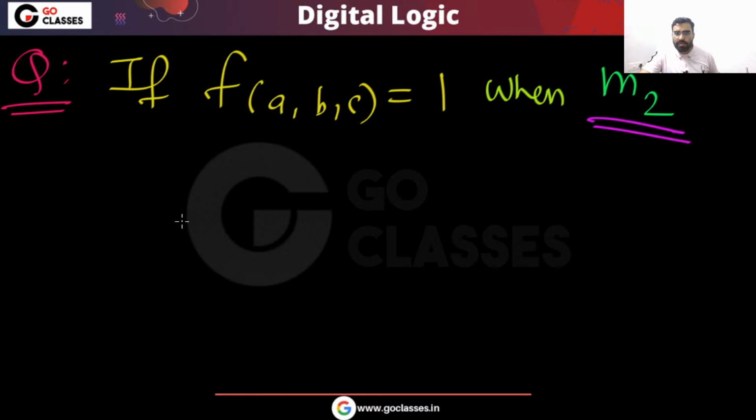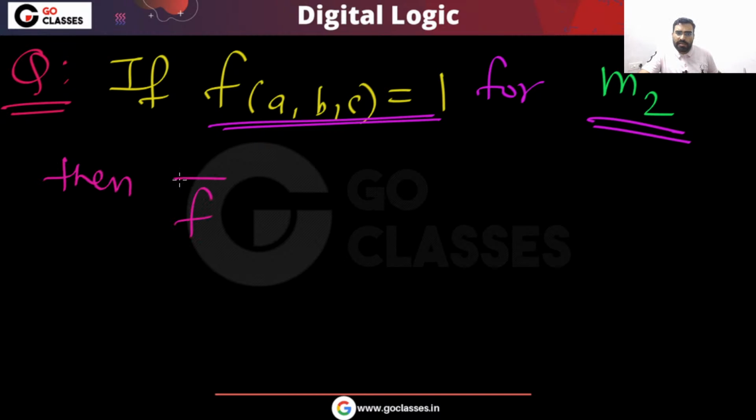Means for this minterm F(A, B, C) is 1. Then what can you say? Then F complement will be 0 for m2. Yes or no? F complement will be 0 for m2.